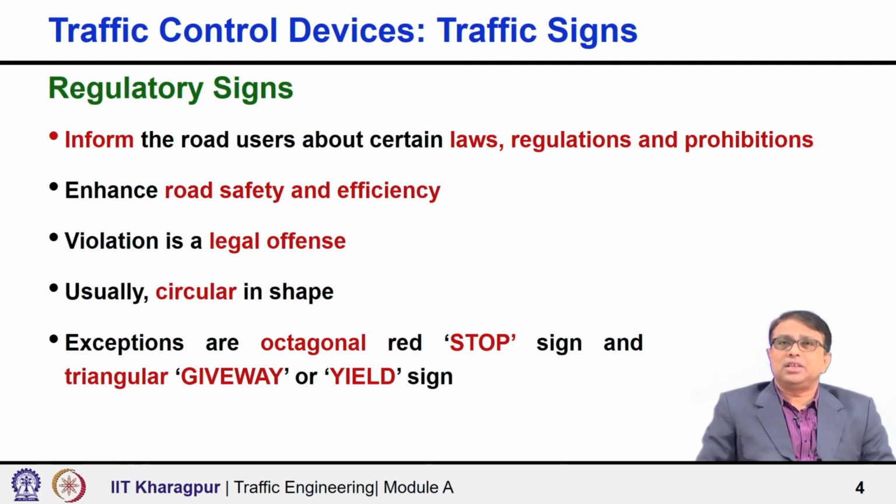For example, deciding the speed limit, deciding the restriction of movement, maybe for motorized vehicles or other kinds of vehicles, restriction in weight, restriction in height of the vehicle which can use a road. These are the regulatory aspects of traffic engineering, traffic management or traffic operations, whatever you say. So, regulatory signs help to communicate to road users certain laws, regulations and provisions.